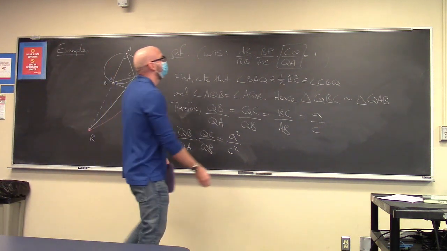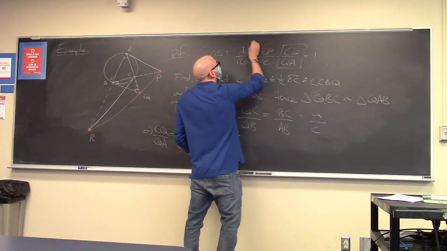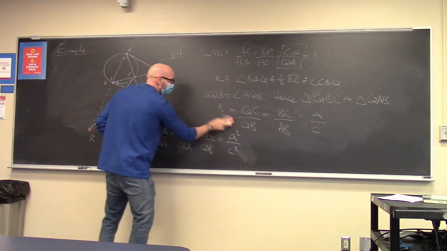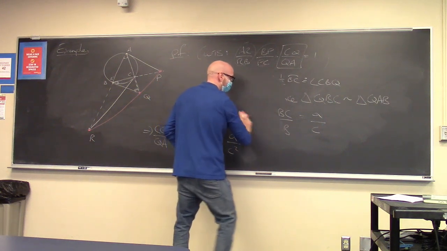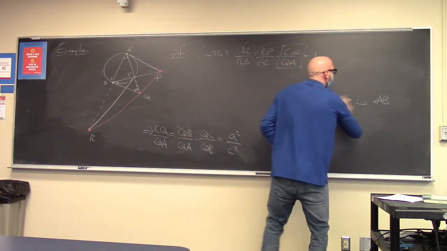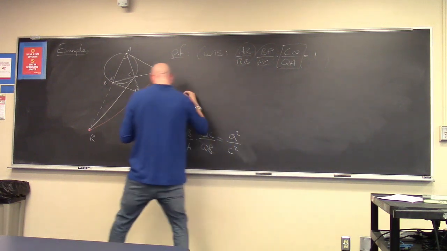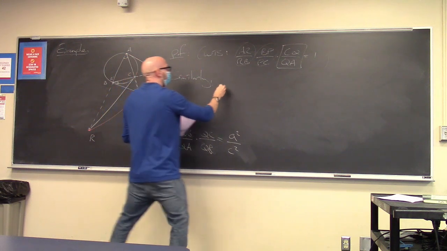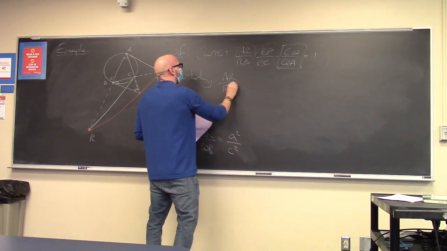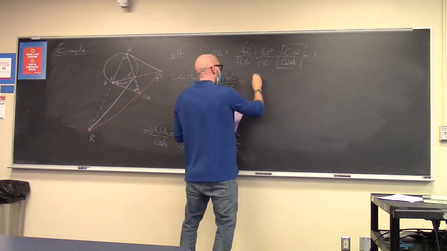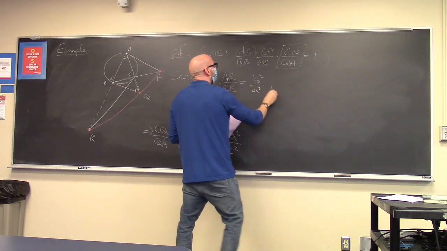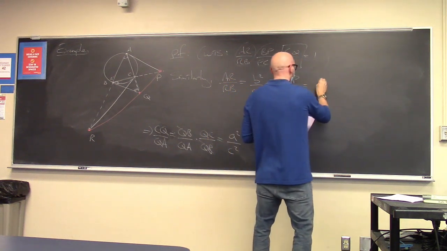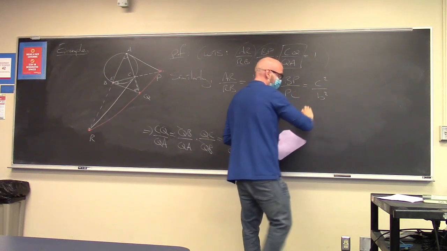Just do this again for the other two ratios now. It's pretty much the same process, so I'll just tell you what you get. So completely analogously, similarly, you can compute AR over RB is b squared over a squared, and BP over PC. Compute this, you'll find this is c squared over b squared.